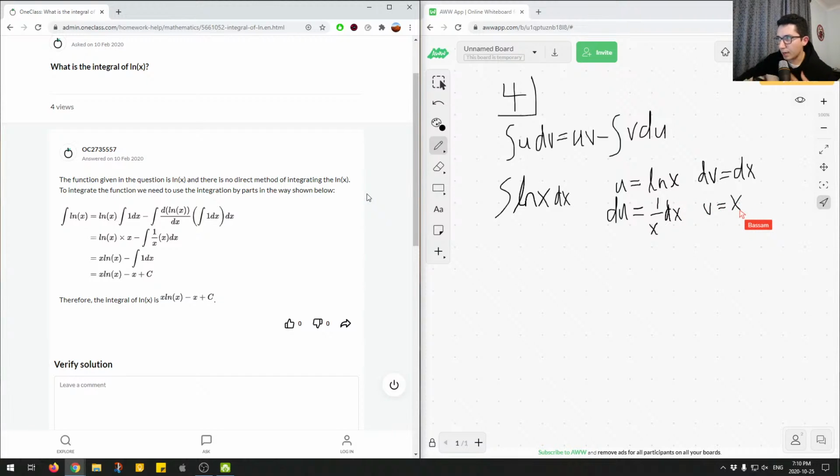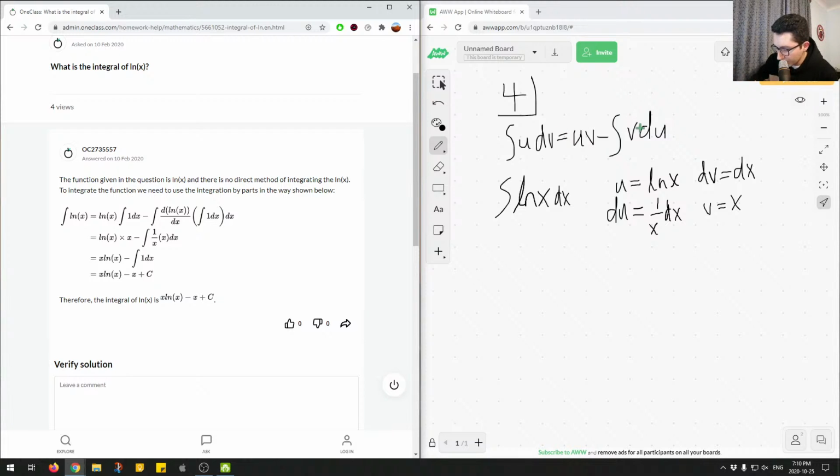Now we've defined the 4 things that we need to plug into the integration by parts formula. We've said this is u, and this is dv. We set it up the same way, so all we really have to do is plug in these values.